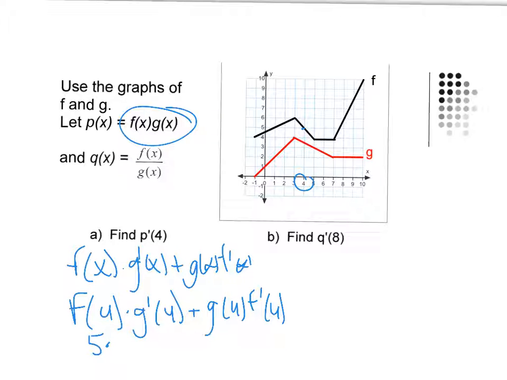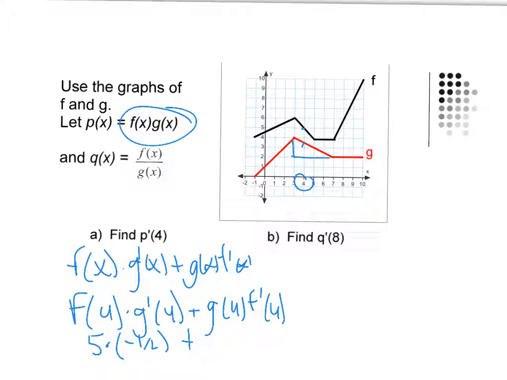G prime of 4 is going to be a slope, which, if you look at a little box that we create here, you can figure out the exact slope. So the slope on this entire length between 3 and 6 on G is going to be negative 1/2. Because remember, the derivative is just the slope.